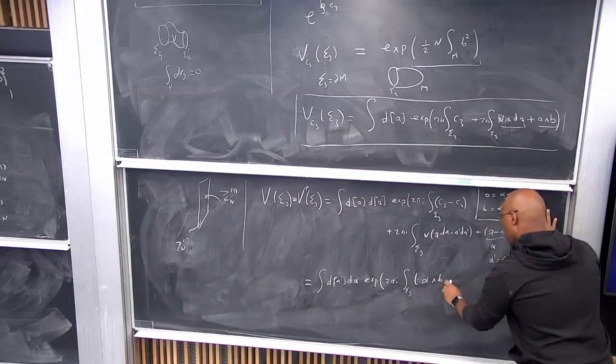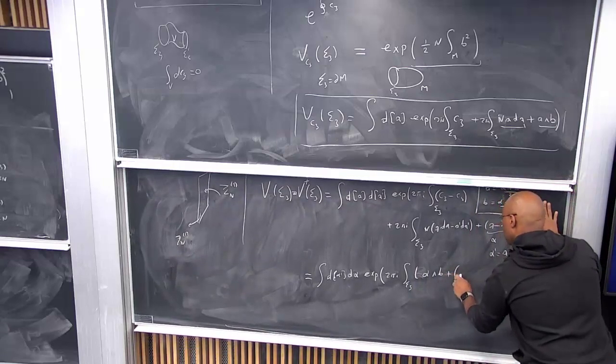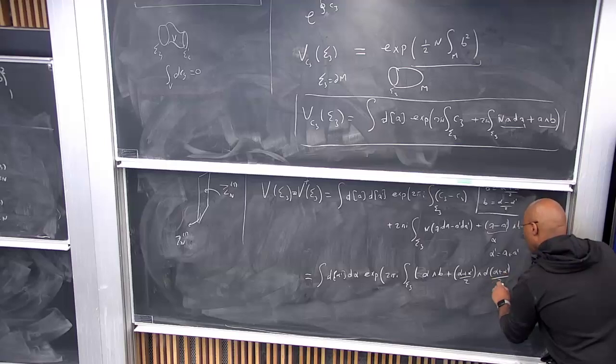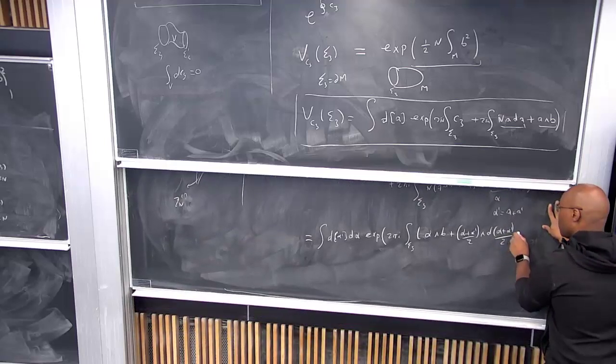Here we get plus alpha prime over 2 wedge d of alpha plus alpha prime over 2, minus.